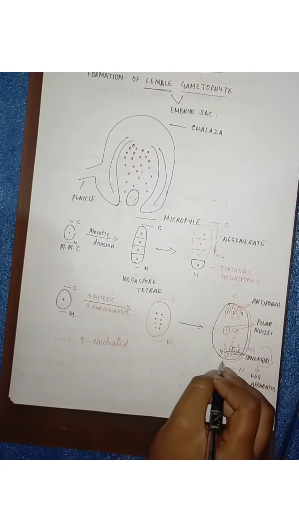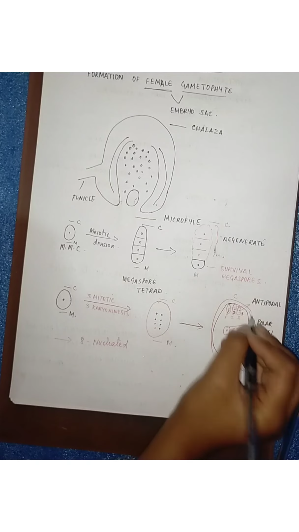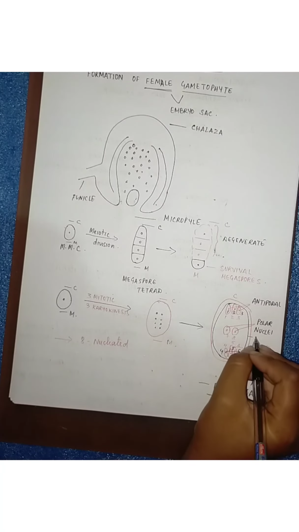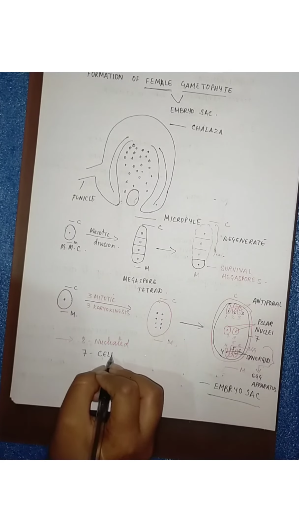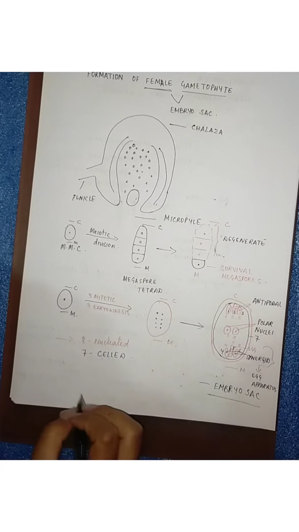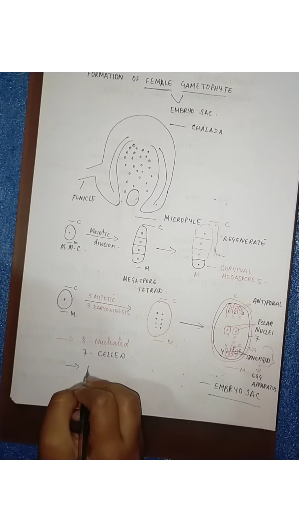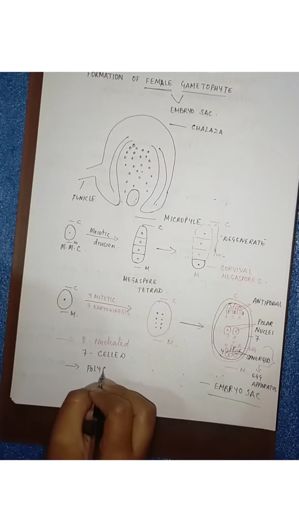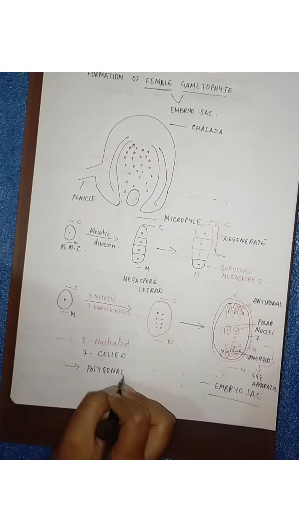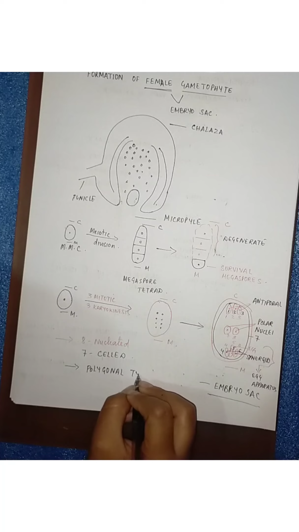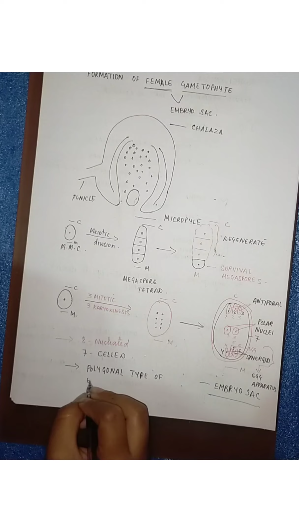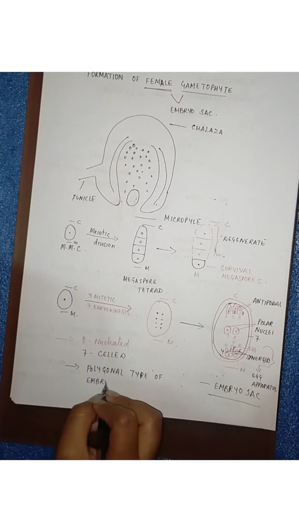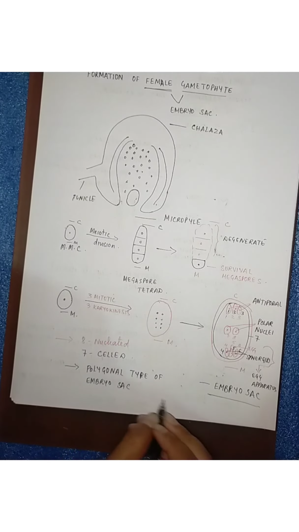So it is a 7-celled structure. This is known as a polygonum type of embryo sac.